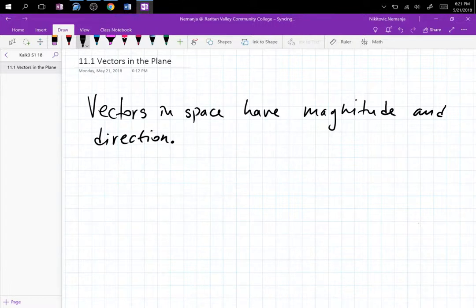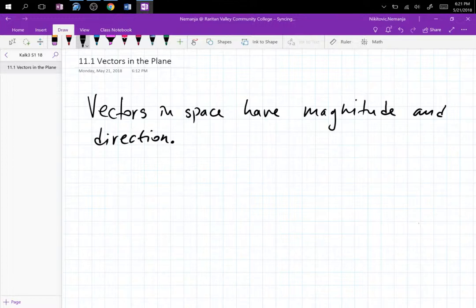So the number of variables you use is the dimension of the space that you are in. So when someone is talking about n-dimensional space, it just in mathematics simplifies down to how many variables do you actually have in that space.